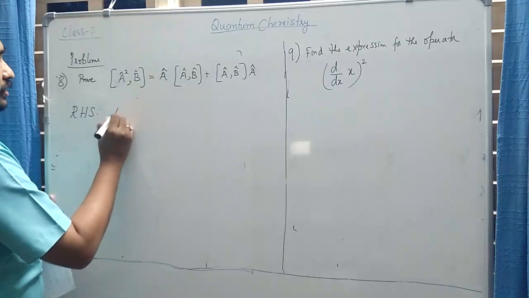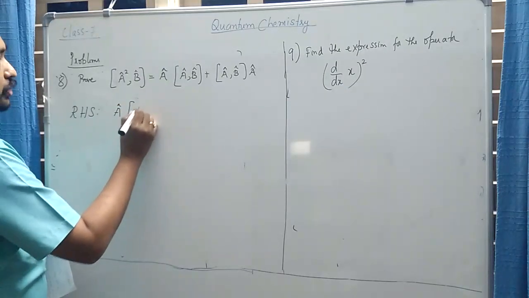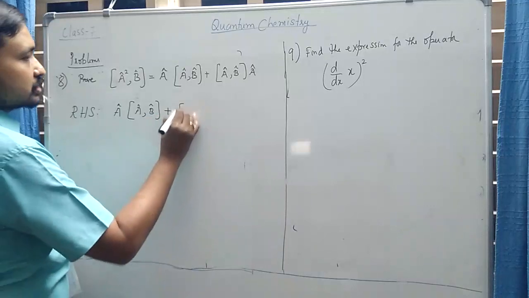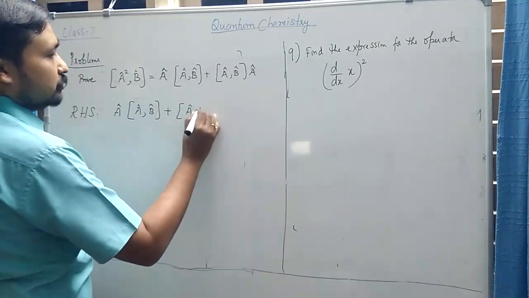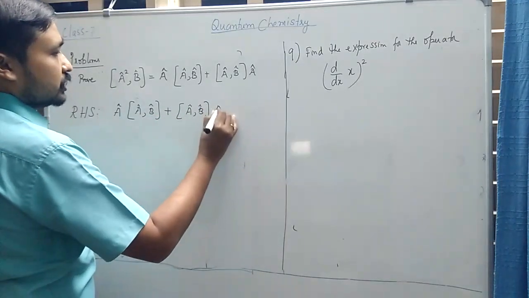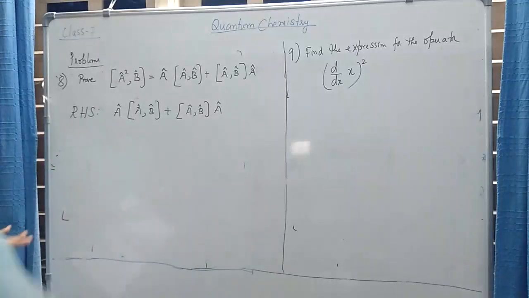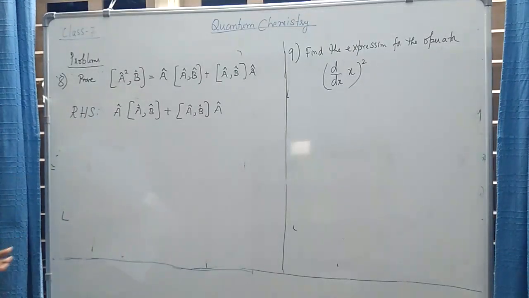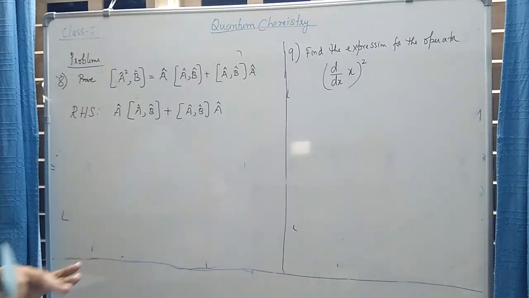So let us consider A into the commutator of A and B, plus the commutator of A and B into A. As I already told you, it is very difficult to deal with operators alone. While dealing with operators alone, most of the time we may end up making mistakes.